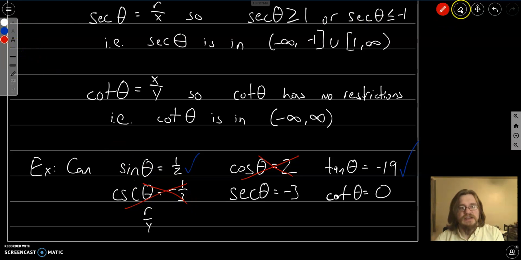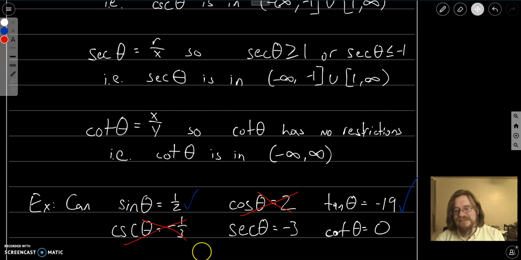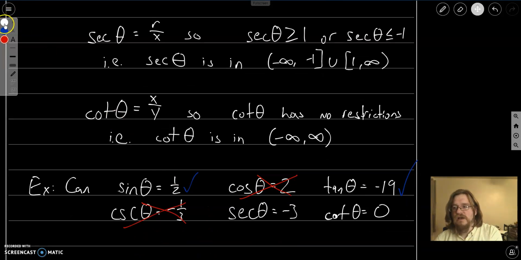The cosecant, which we just set up here, has to be either less than -1 or bigger than 1, and that's right in between, so it doesn't work. The secant being equal to -3, that fits in our interval up here. The secant can certainly be equal to -3.